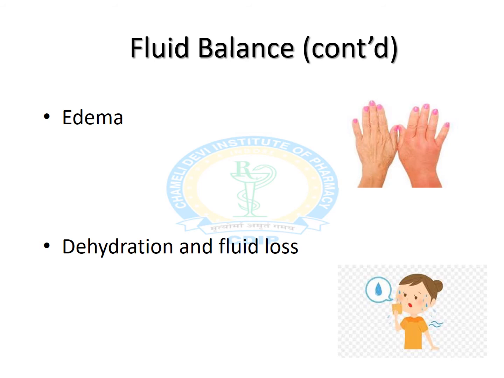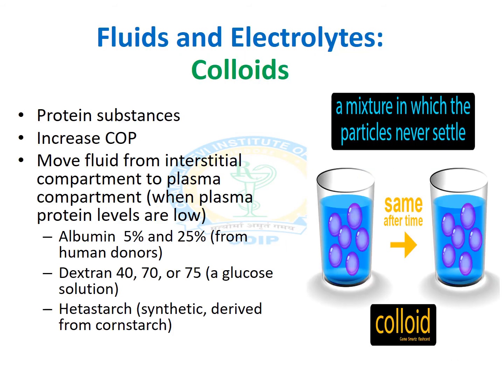This is how the normal physiology works. But here we are talking about the conditions when to employ plasma expanders. Basically, these are employed in hypovolemic shock, severe trauma-like conditions, or extensive tissue damage.